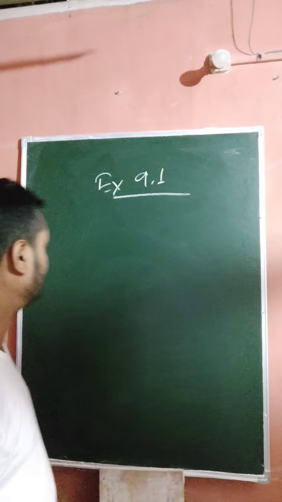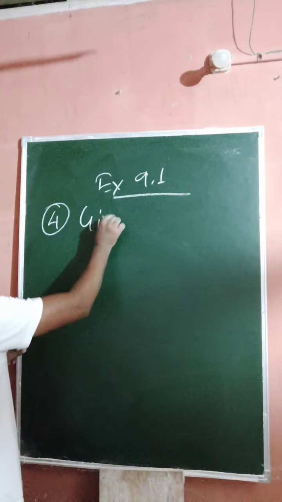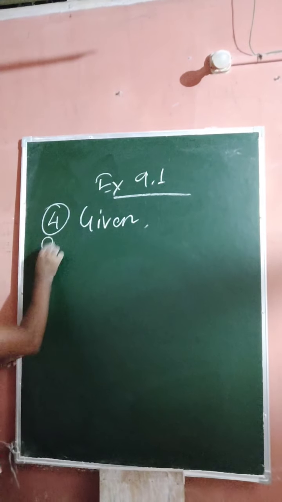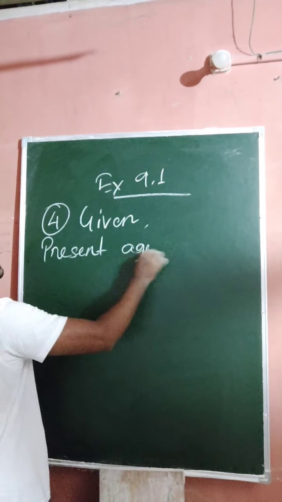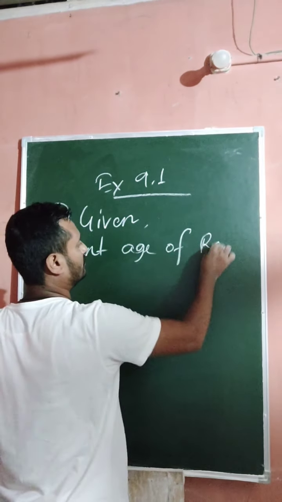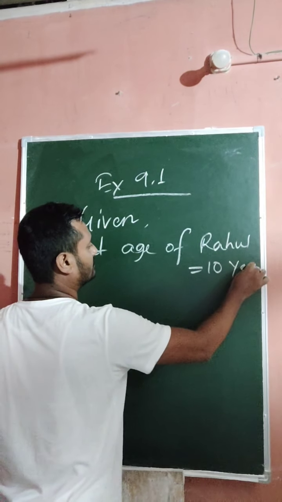So at first, the given things we have to write. Question number 4, given: present age of Rahul is given 10 years.